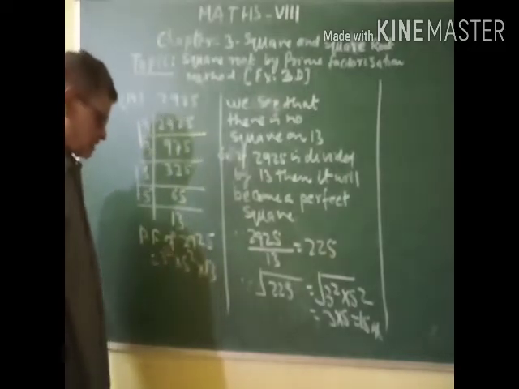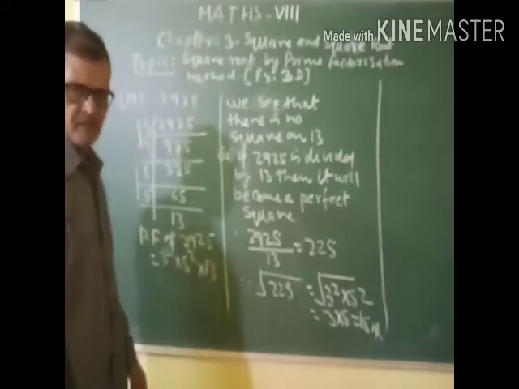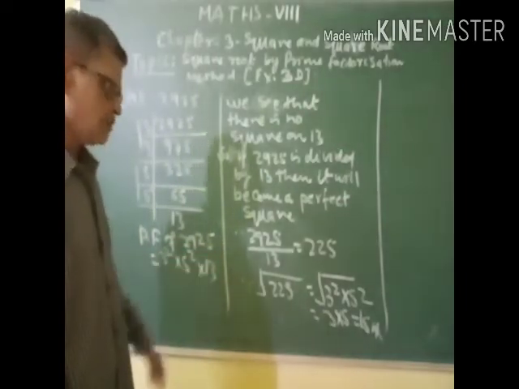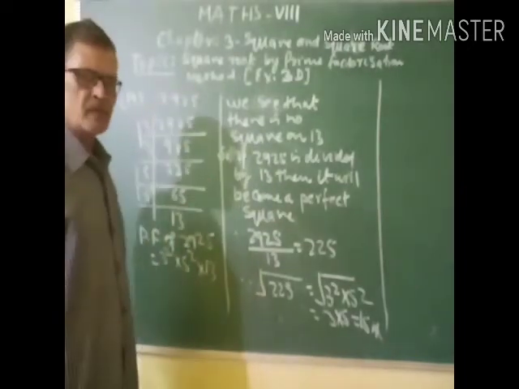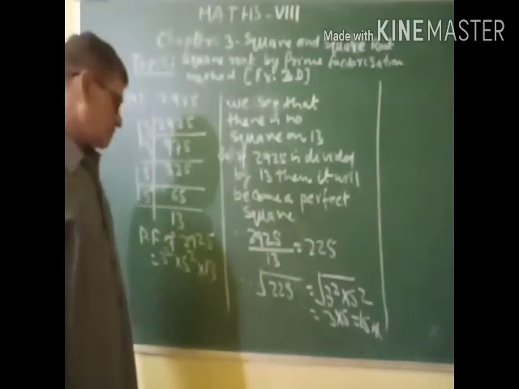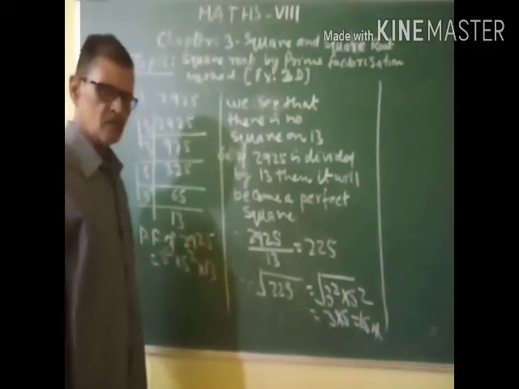We are observing that there is no square on 13. If there were a square on 13, certainly this would be a perfect square number. But here there is no square on 13.